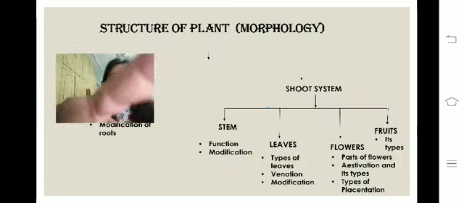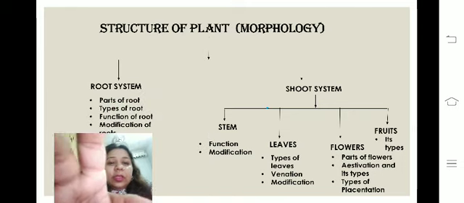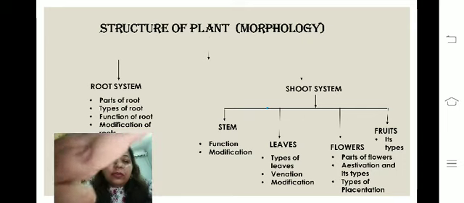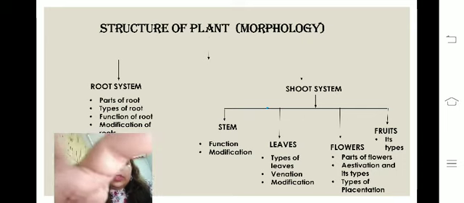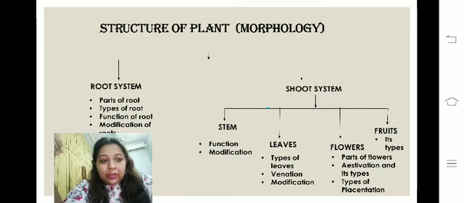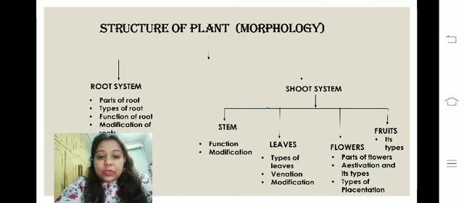Basically here I am going to cover a few main topics. It is divided into root system and shoot system, as I've already told. I'm going to take them separately, but in this video I'm going to take only the root system.